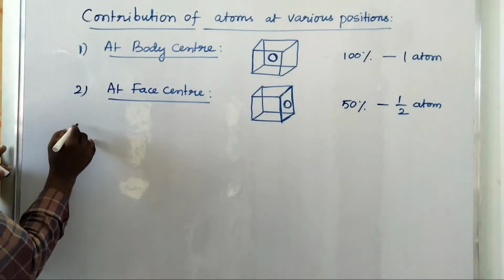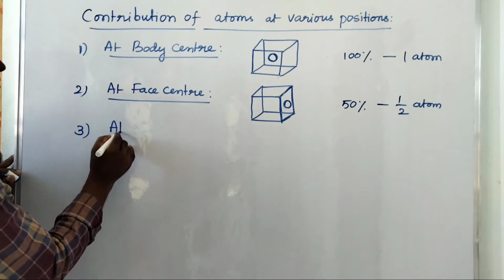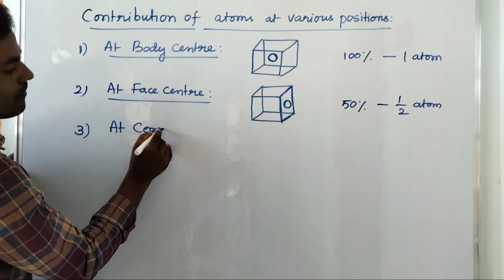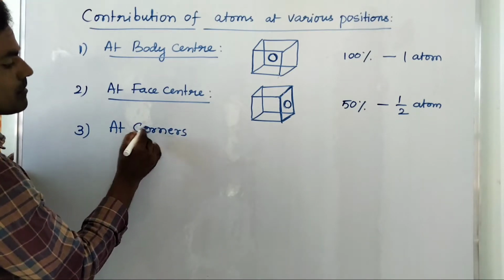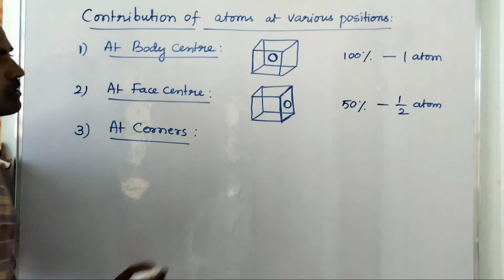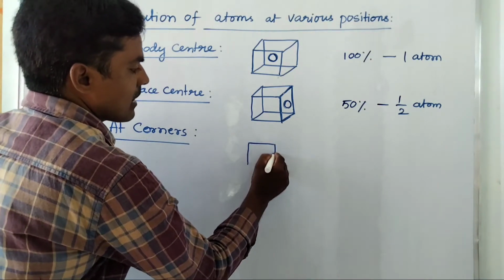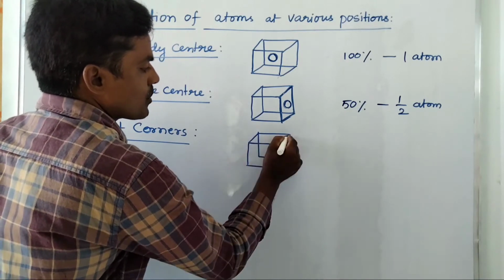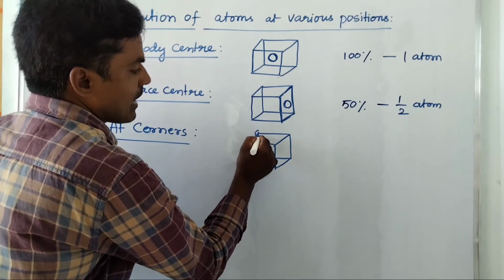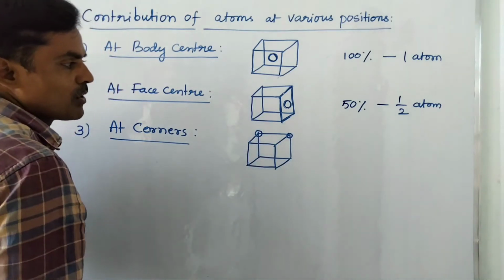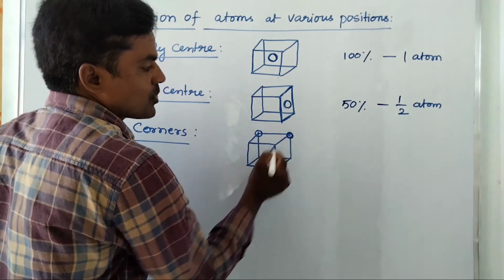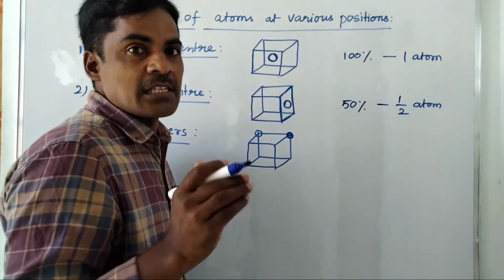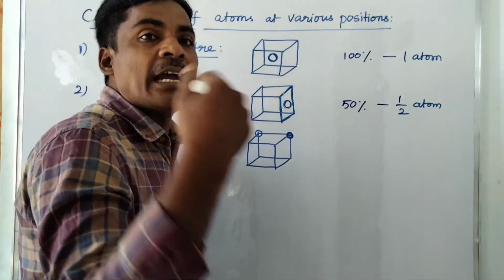Next, the third one is at corners, which means the atoms are present at corner positions. How many corners are over here? 8 corners. So if the atom is present at a corner position, this atom will be shared with 8 unit cells.